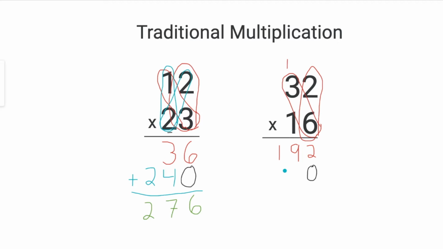So 1 multiplied by 2 is 2. Remember, this regrouped 1 is gone. We've used it. If you need to, you can cross it out. You don't want to accidentally use the same regrouped number twice. 1 multiplied by 3 is 3.